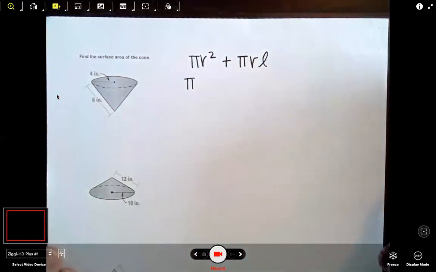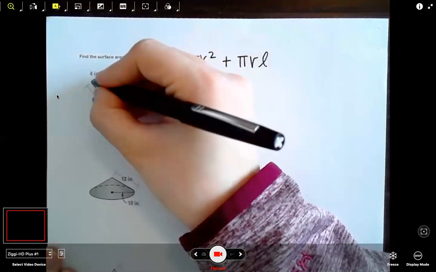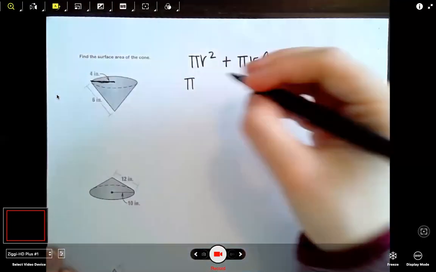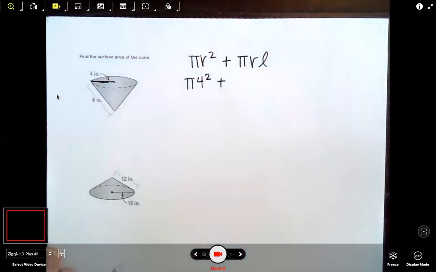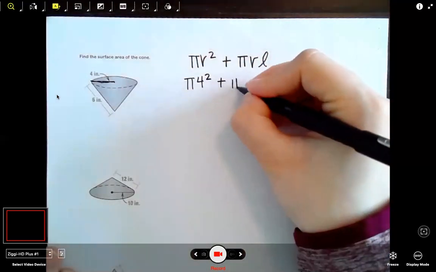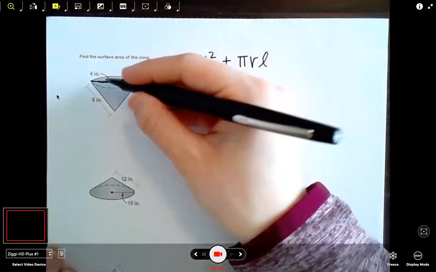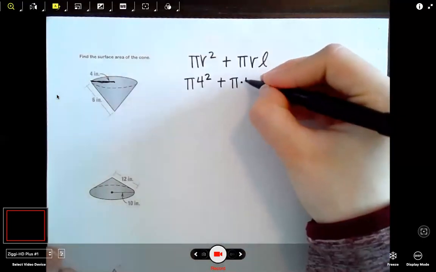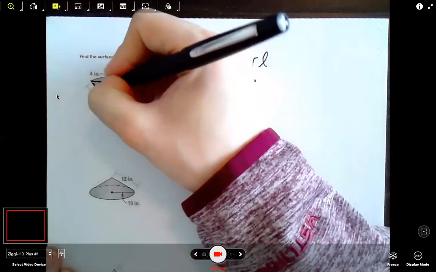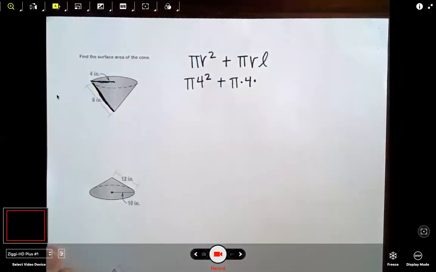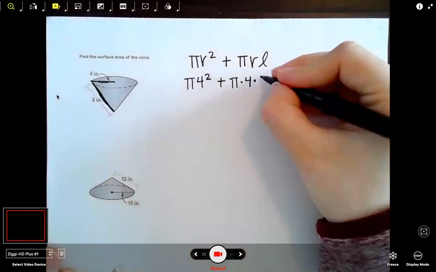Yes. Is it 4? Yep, right here. That's our r. So pi times 4 squared plus pi. We said our radius was 4. And then our slant height is, do you guys see how this is slanted right here? Yep, so that's our slant height, so times 6.